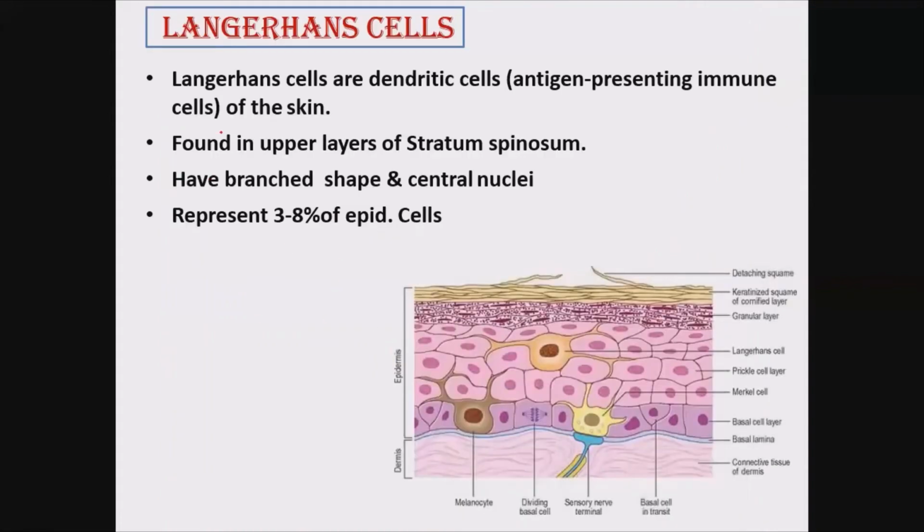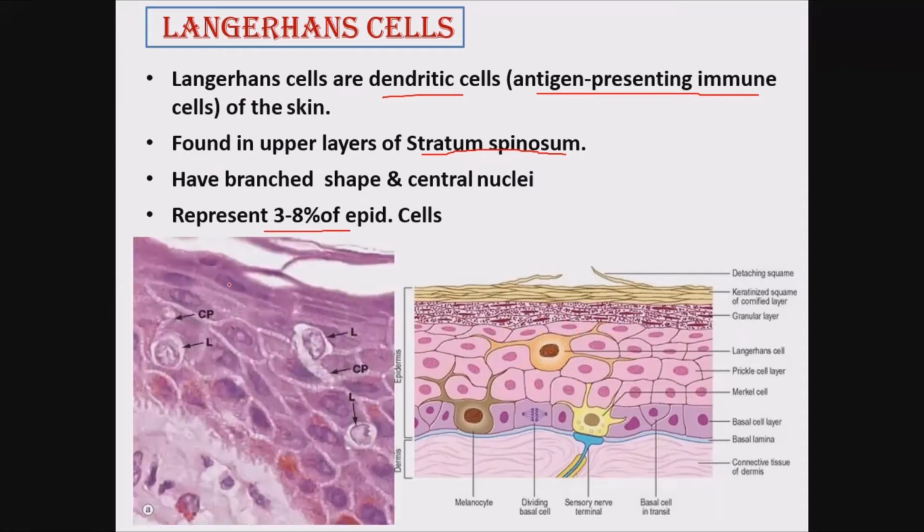The third type of cell is the Langerhans cell, which is a dendritic cell. They are antigen presenting immune cells of the skin. They are present in the stratum spinosum, usually in the upper part, and have multiple processes, star-shaped cells with central round nuclei, forming approximately 3 to 8% of epidermal cells.